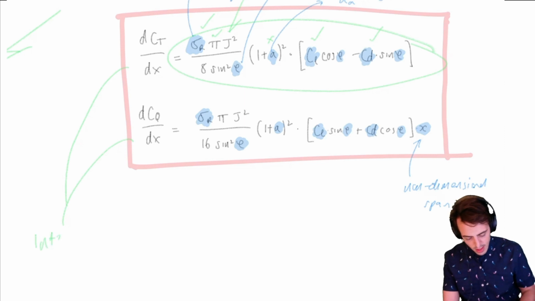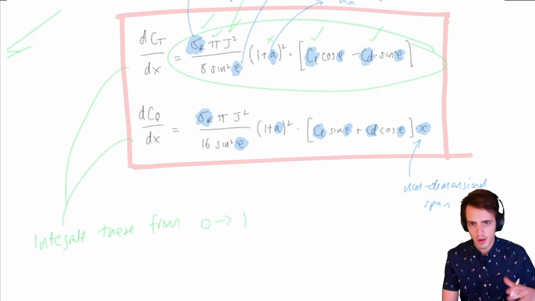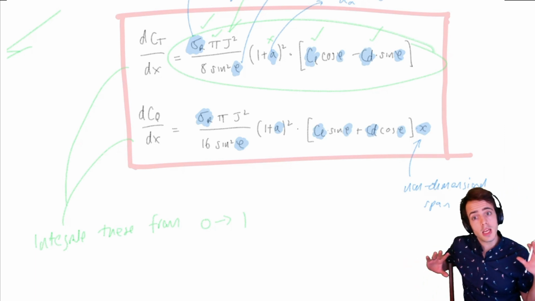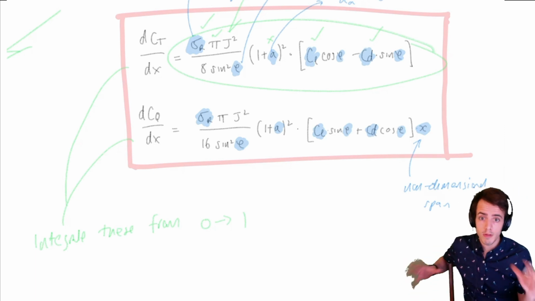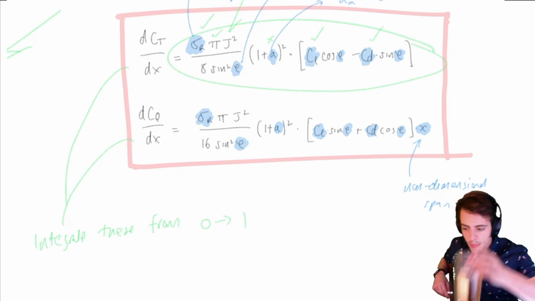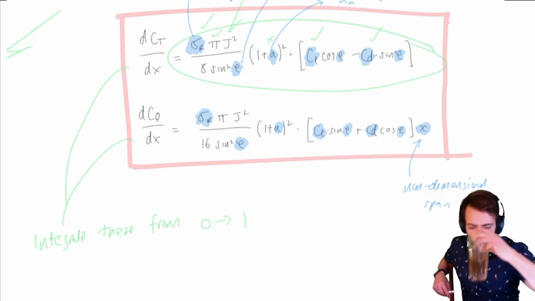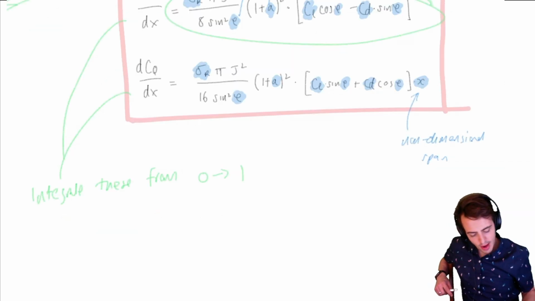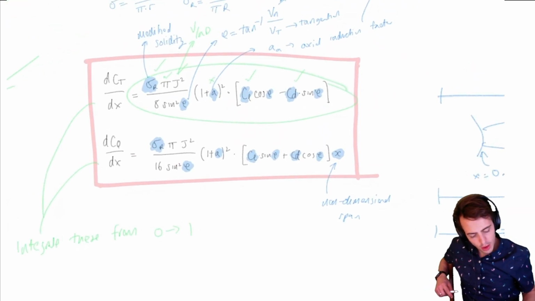So if we integrate these, from 0 to 1 or from 1 to 0, depending how you talk about integrals, then we could determine the thrust and the torque coefficients for our propeller. We need to know our axial induction factor. We also need to know our tangential induction factor.